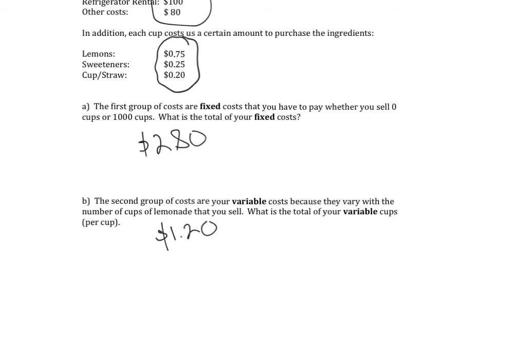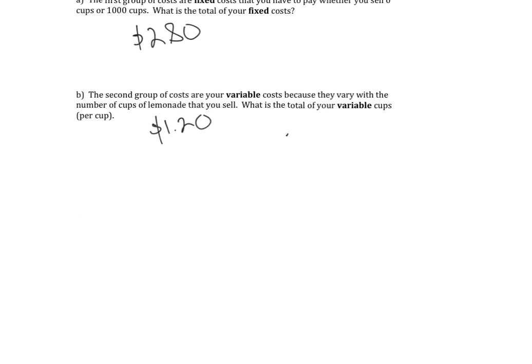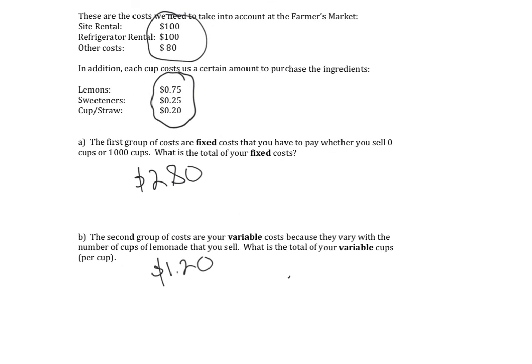Okay, so that means that whatever we charge, it's got to be more than $1.20 per cup. Otherwise, we're going to be losing money on every cup, because the materials for each cup of lemonade cost us $1.20. So that's how we would think about the meaning of that particular value right there. Okay.